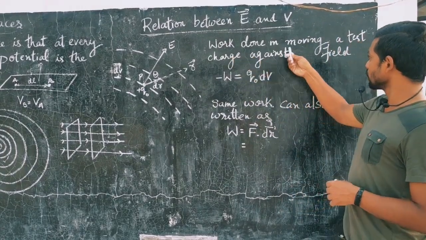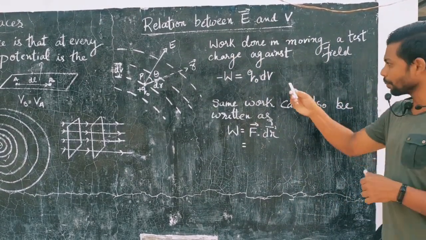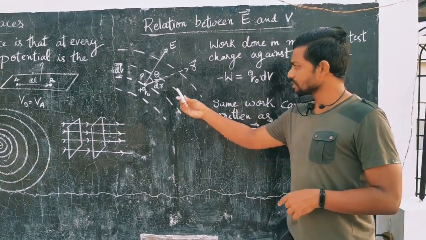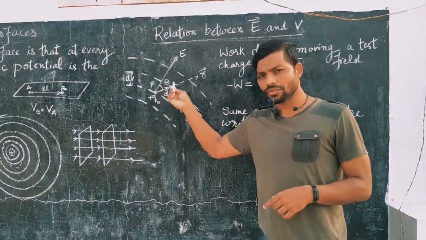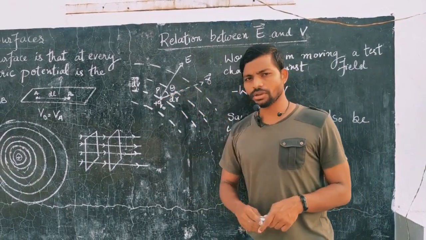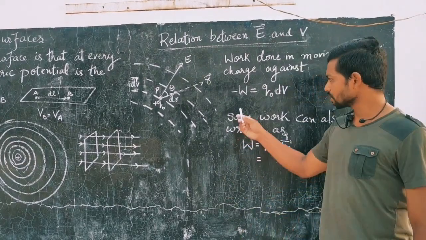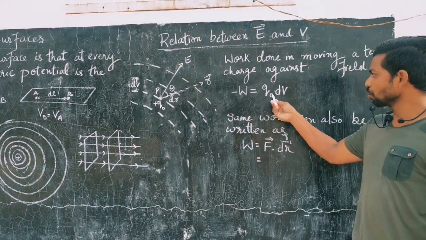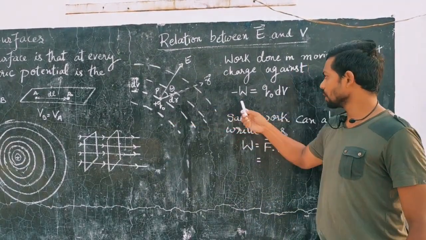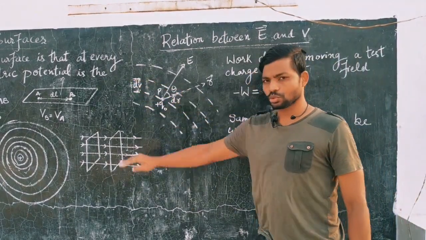Then work done in moving a test charge against the field will be minus W. If it is in the direction of the field, it is W, but if we do any work against the field, we would mention that with a minus. So minus W is equal to Q naught, that is a test charge, into dV, the potential difference between these two.